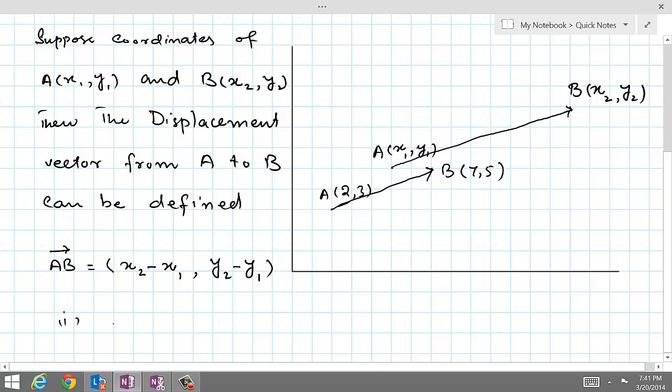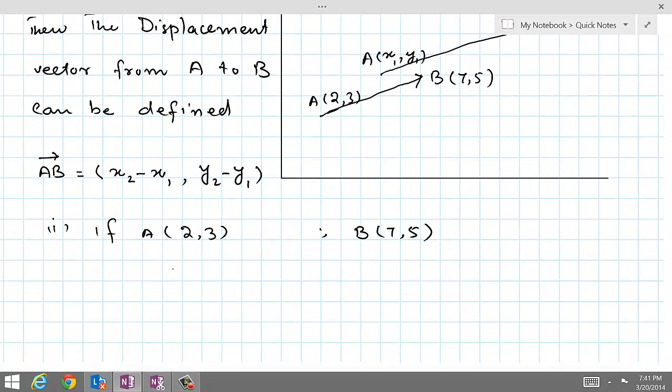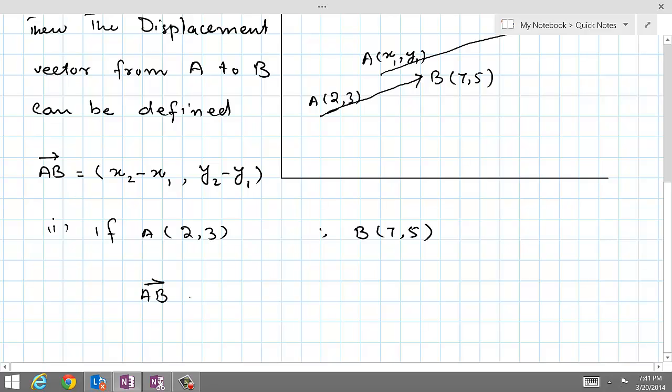Then if A is equal to 2, 3 and B is 7, 5, then displacement vector AB is equal to x2 minus x1, y2 minus y1.